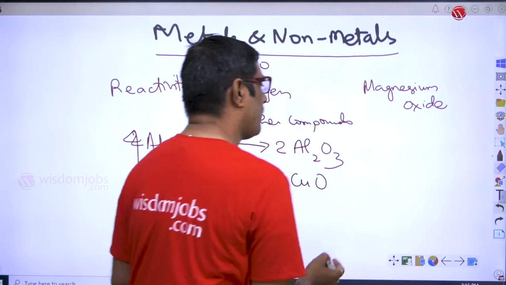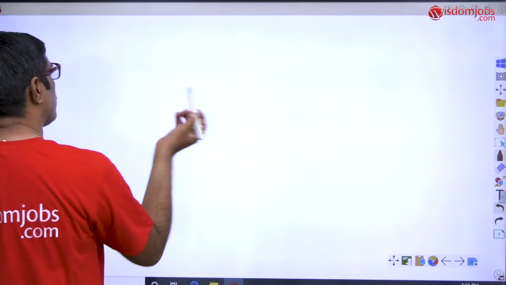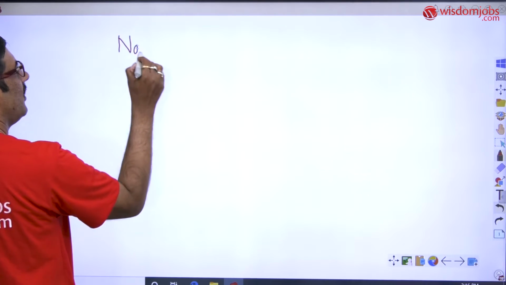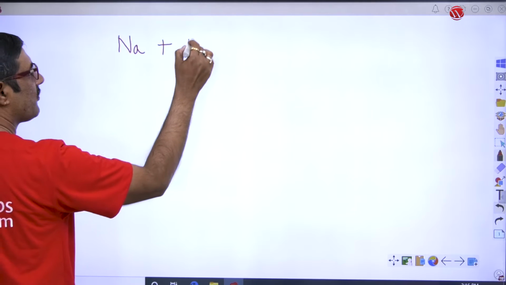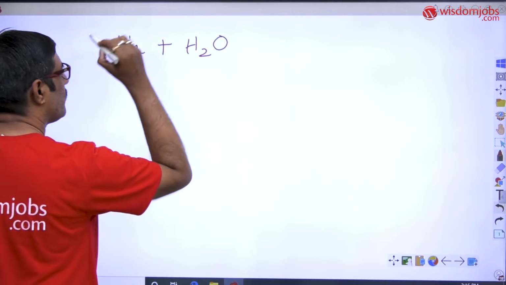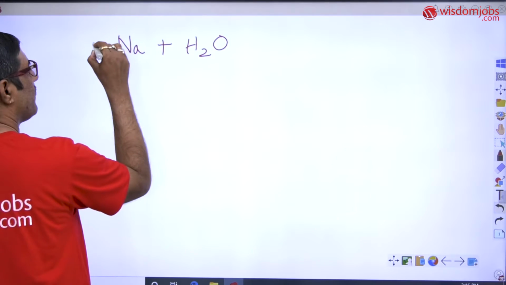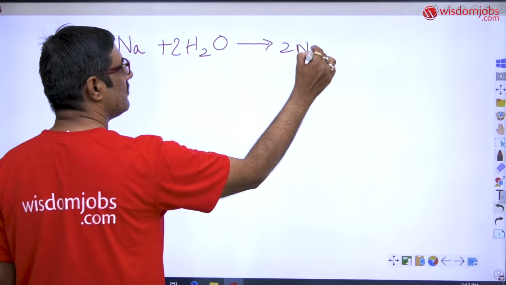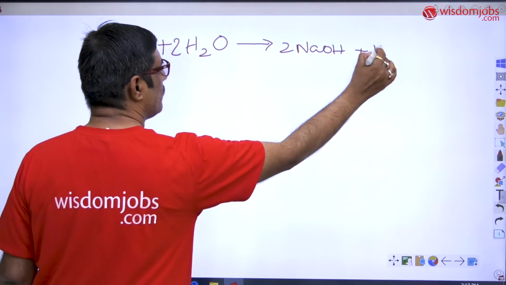If you observe the reaction of these metals with water, if you take sodium and it reacts with water, I can say 2Na plus 2H2O will give rise to 2NaOH plus H2.